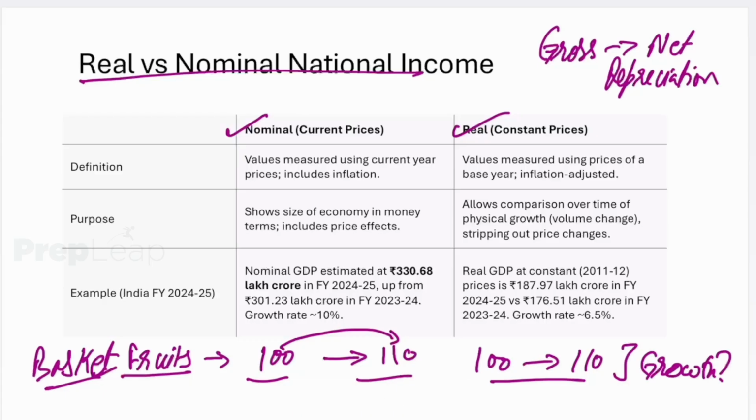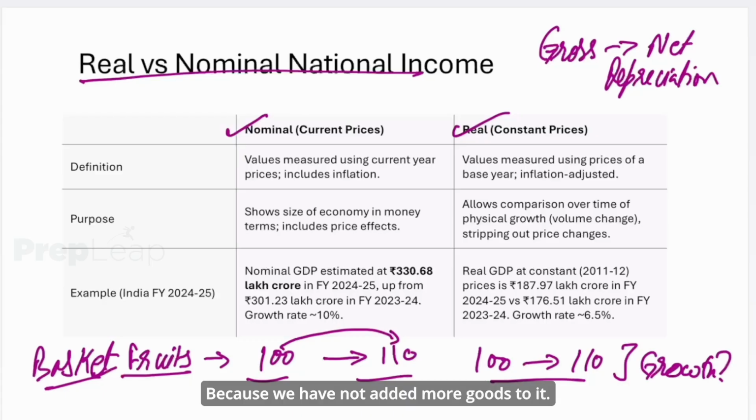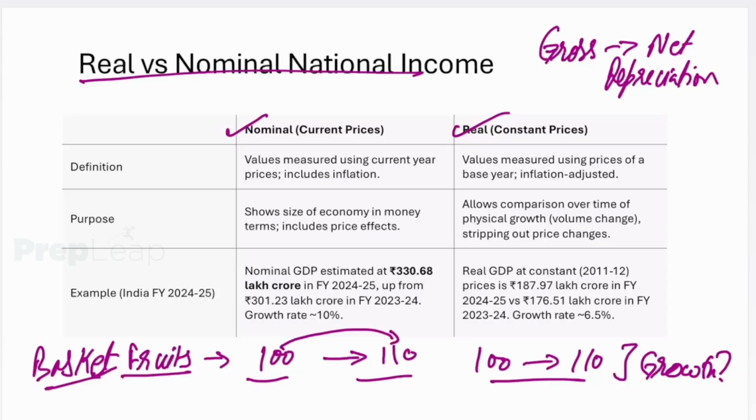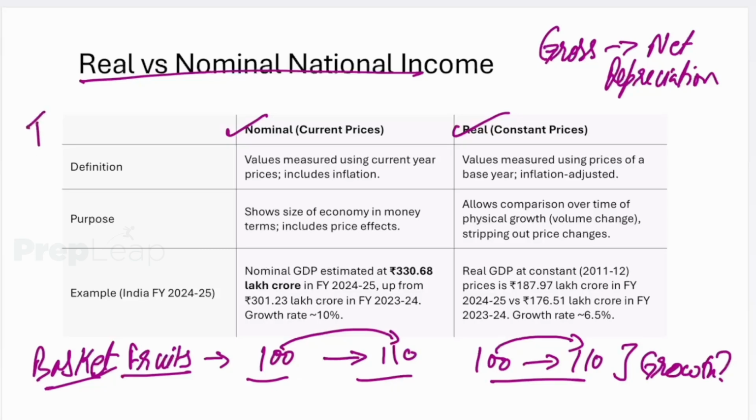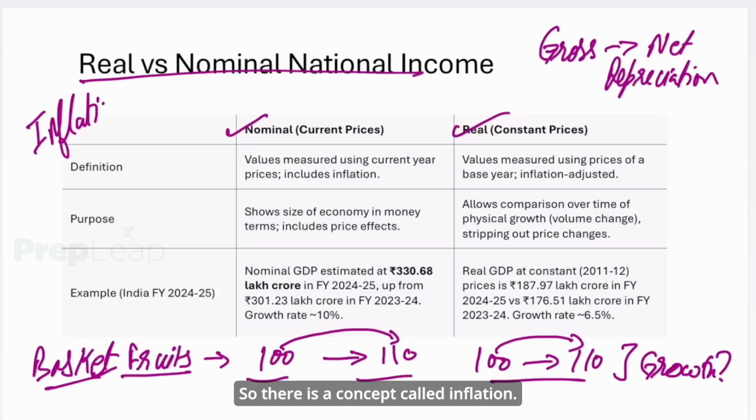No. Why? Because we have not added more goods to it. No more fruits have been produced in a country, but the value of the goods has gone up, and that could have gone up because of a rise in prices, and that rise in prices is what we call inflation.